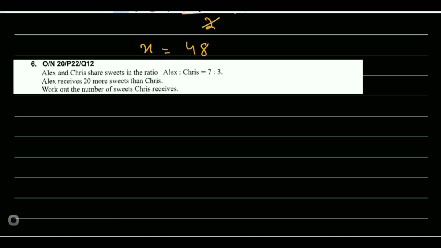Every time you have to make the boxes first. Parts, actual, given, find. Okay.